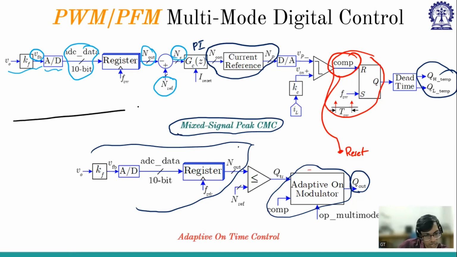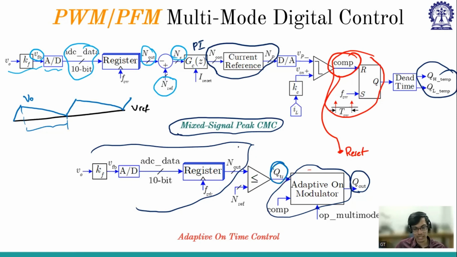So if you consider this to be V reference, during the on time, V naught will charge, and then it will hit the V reference. And then during the next on time, it will charge, and then it will hit the V reference. So whenever it goes below this V reference, that will trigger the on time. So the off time is decided by the time it takes to discharge from this V naught to V reference. So this is V naught. So the closed loop is coming, the off time is coming from this trigger signal.